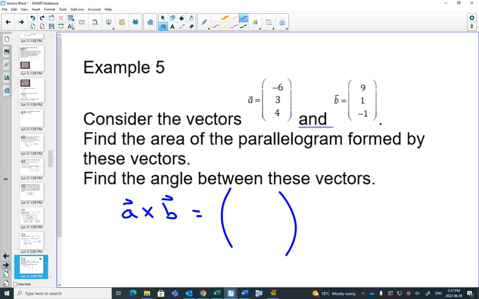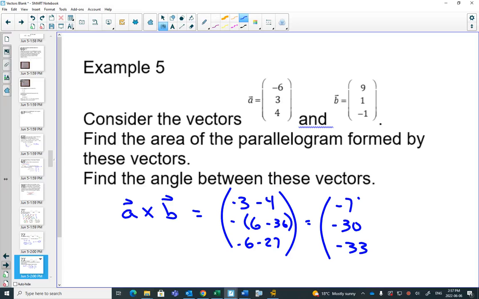Did you get -3 minus 4? 6 minus 36 and -6 minus 27 to equal -7 minus 30 minus 33. Oh yeah, positive 30. There we go.